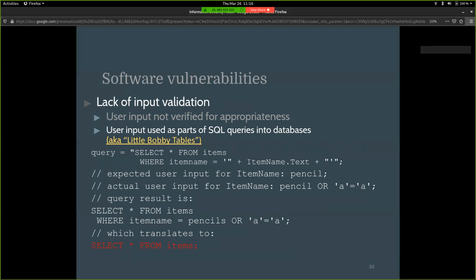Some of these are also input validation. We mostly see this in SQL queries that can then be injected into the database through text fields on websites.